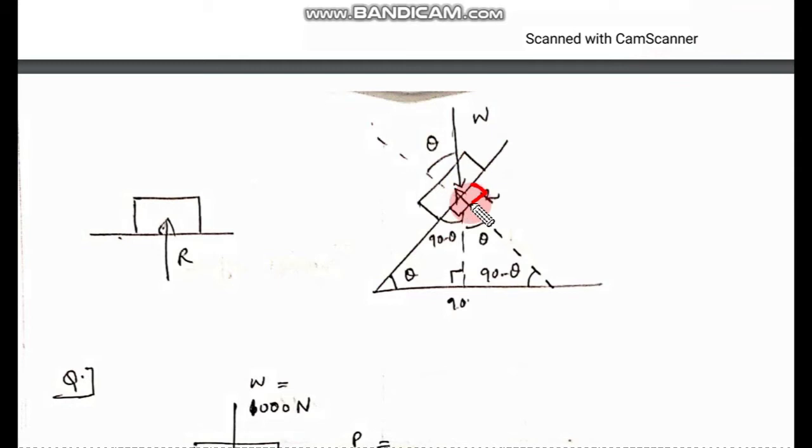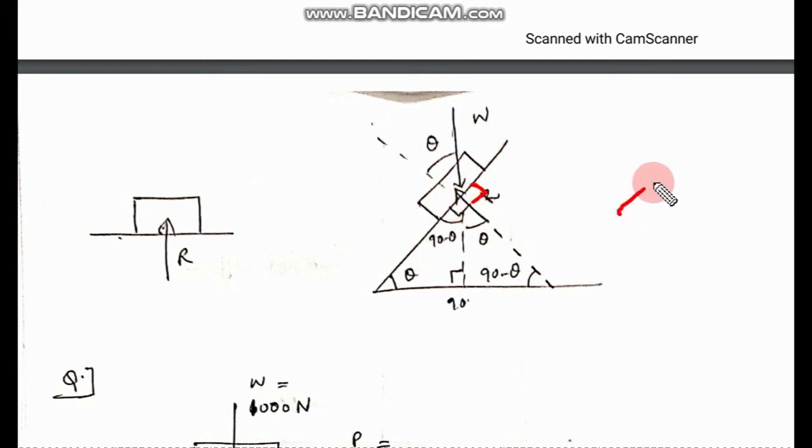And then if you drop this arrow of the weight downwards like this, then what you can see is this is 90 degrees. Obviously it will be 90 degrees. This one is theta because we know that is the angle of repose, and so the remaining angle in this particular triangle will be 90 minus theta. We know the angle that is made by the reaction and the surface.